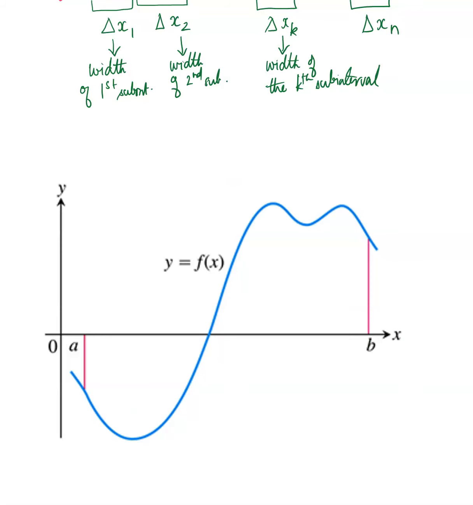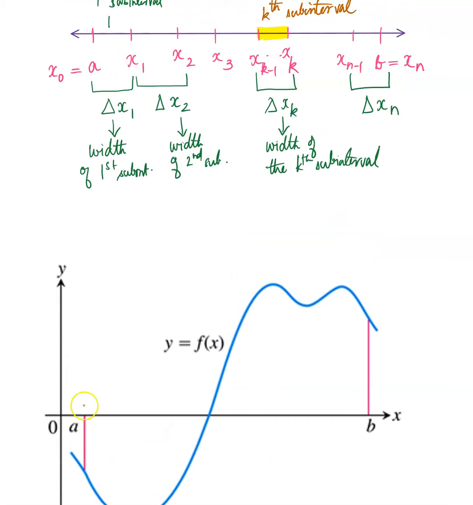Assume that this was the graph, and you were asked to find the area under the curve up to the x-axis. If we mimic what we had up there, this will be x0, and then this will be x1, x2, x3, and so on.